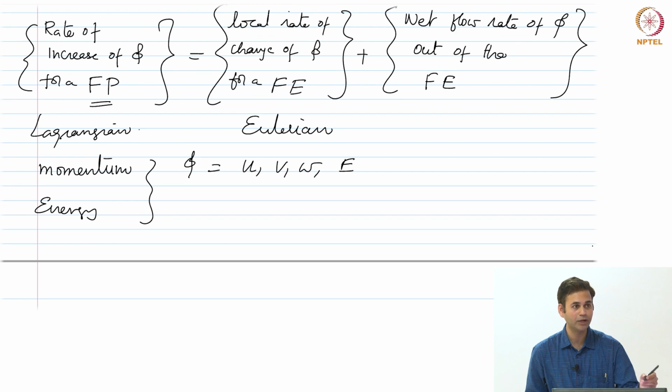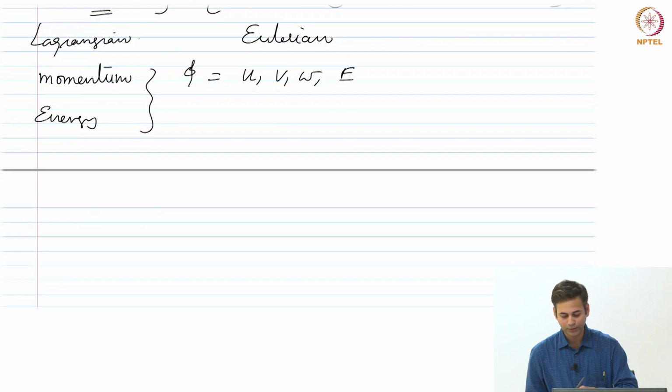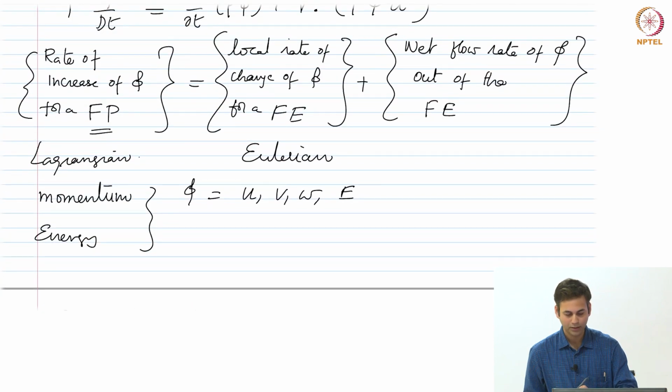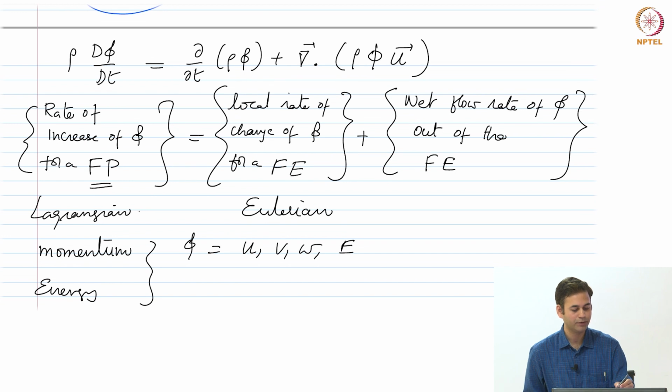the rate of change of momentum as we follow the fluid particle, that is nothing but the three components, like the rate of change of momentum in the x direction as we follow the fluid particle. So, that would give you rho du/dt. We are essentially replacing phi with u. That would give you what in the Eulerian approach? This will be partial t of, we just have to plug in u instead of phi in both the terms, on the right hand side as well as on the left hand side.